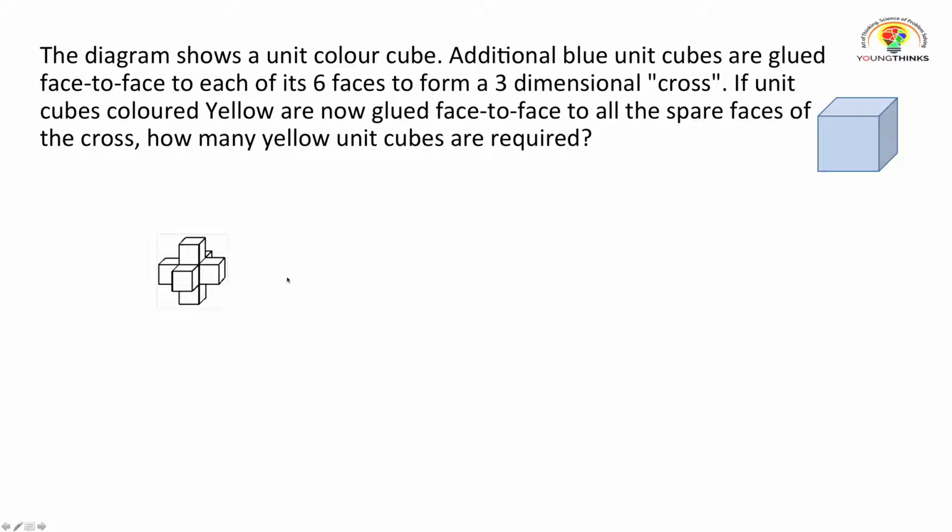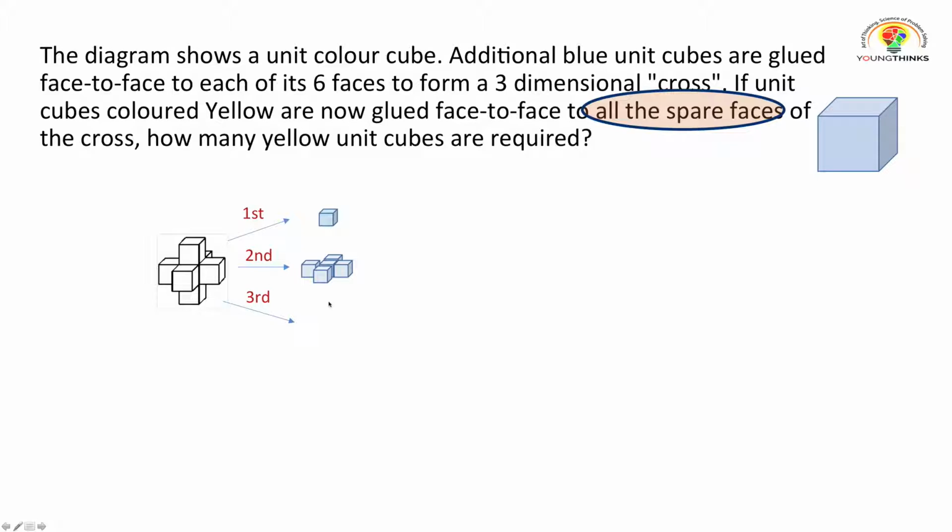So if you take it as 3 different stories of a building, all the spaces are to be covered by yellow. The 3 different floors of the building will look like this. On the top, we have got this particular unit cube. In the middle, you have got 5 cubes: the central one, which was the original one, surrounded by 4 identical cubes on its 4 sides.